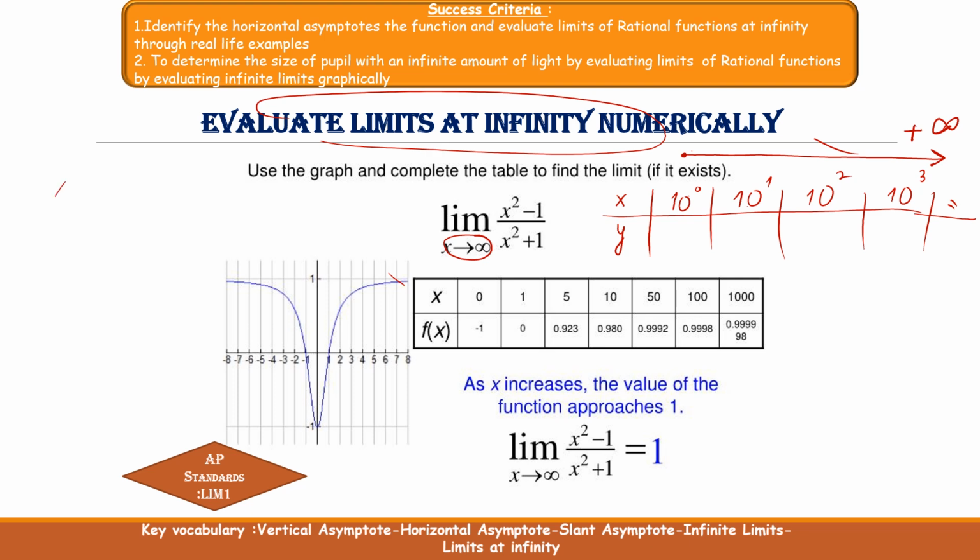Now, whenever you try to write about the left-hand side, just to show you, I am making it like this. Left side means that you are going from the right to the left. So here: minus 10 to the power of 0, minus 10 to the power of 1, minus 10 to the power of 2 and minus 10 to the power of 3.